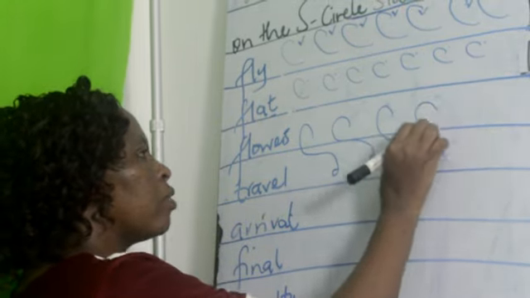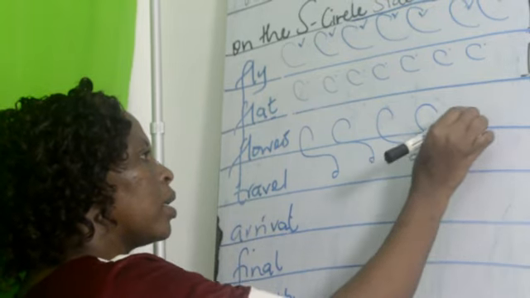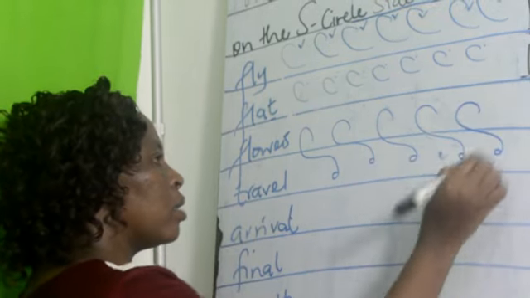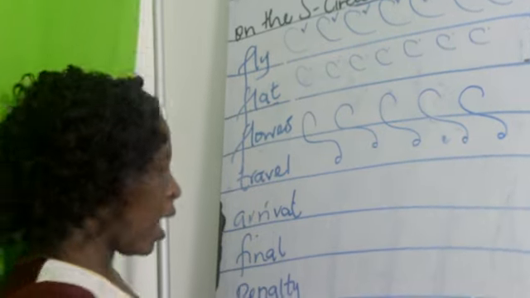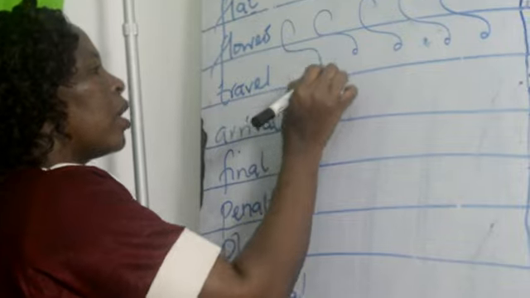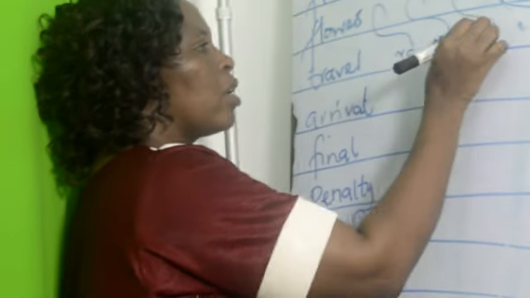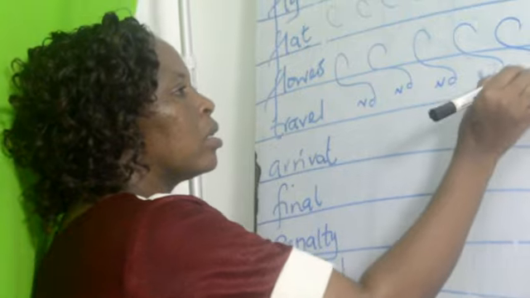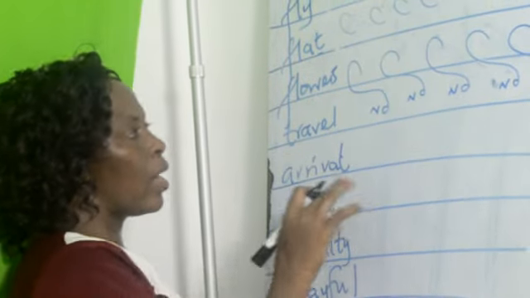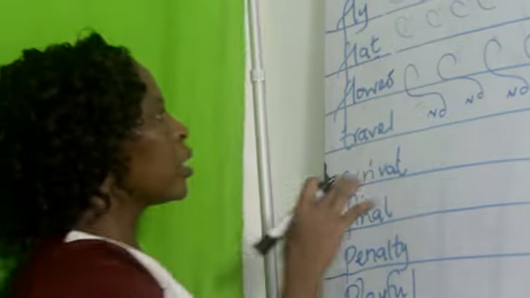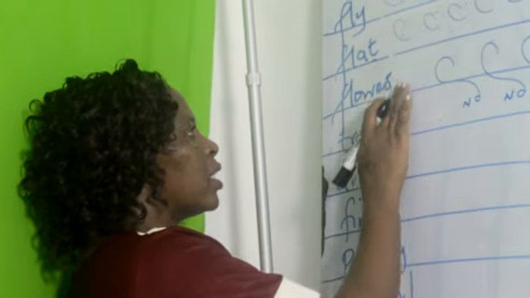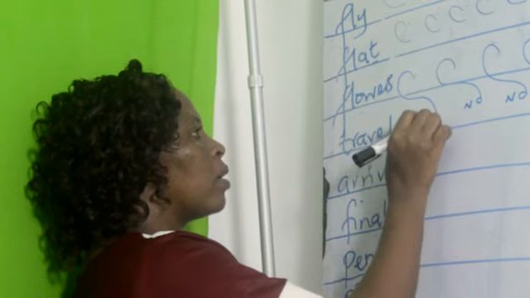And we are using the triphone. We have a diphthong and another vowel, and that's where we are using the triphone in that case. Flower.